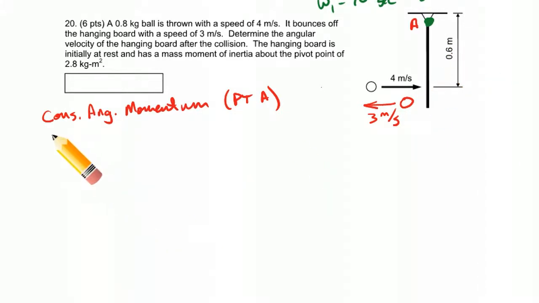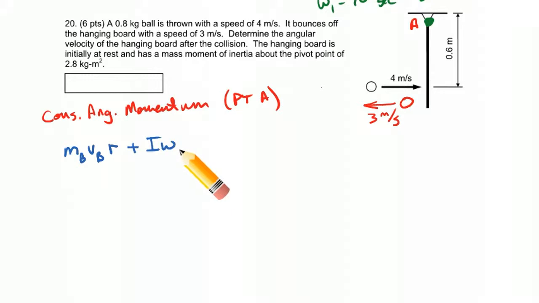So let me write that out as the mass of the ball times the velocity of the ball times we'll call it some distance plus the I omega of the board.